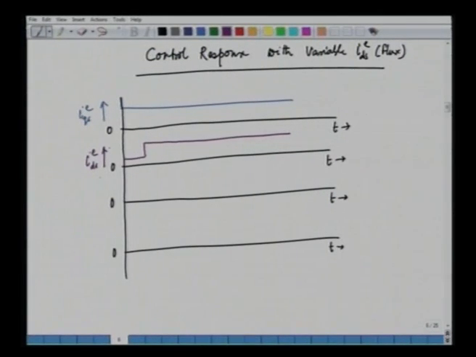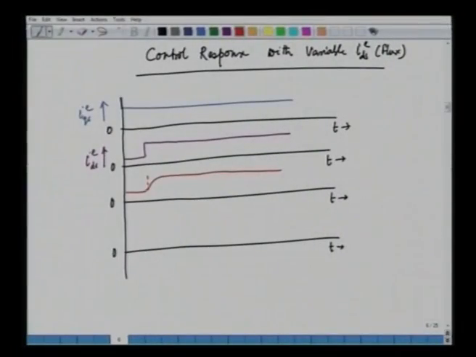And the moment this IDAC is given a step change, the flux response, which was initially here, will be delayed. The flux response has a first order delay, and the delay is due to the fact that it is 1 by 1 plus tau r p. This tau r is the time constant by which the flux will be delayed.